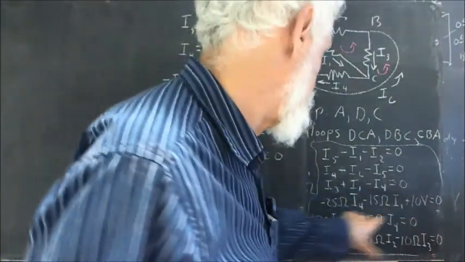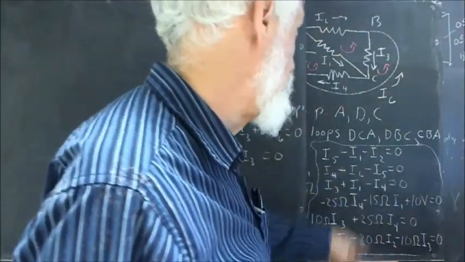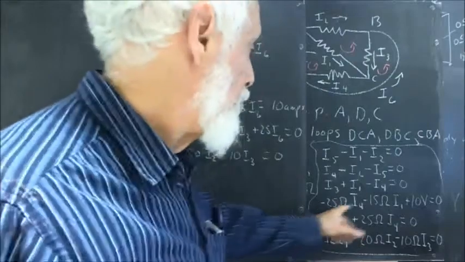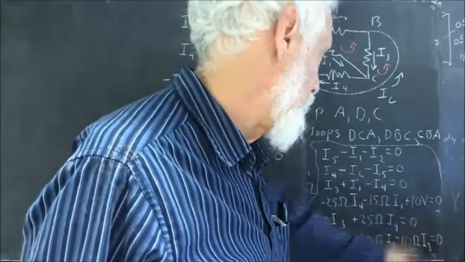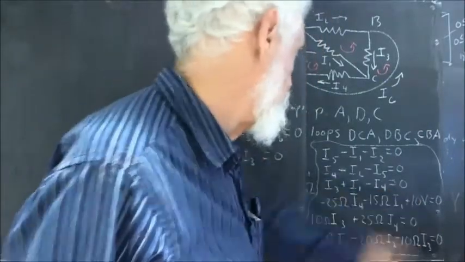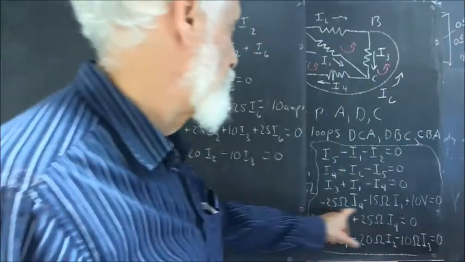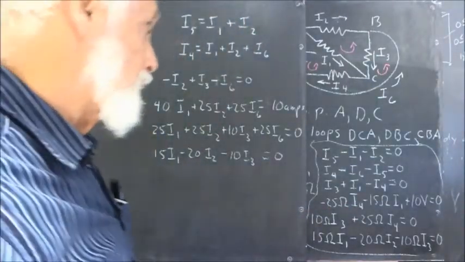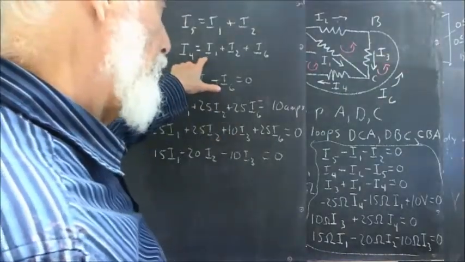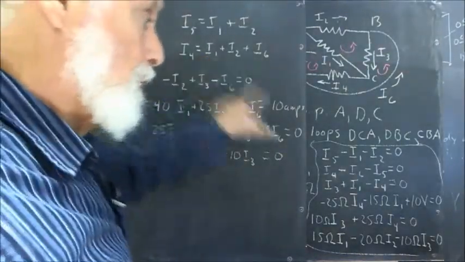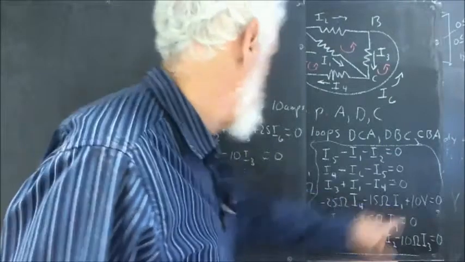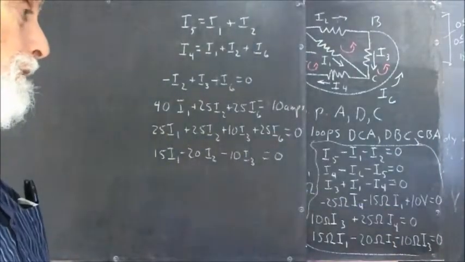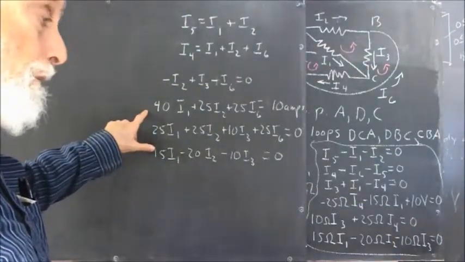This equation has an I4, it's negative 25 I4. If we divide through by the ohms, this becomes an amp, and we just get pure numbers in front of these. We're going to have negative 25 I4. Well, negative 25 I4 is going to give us a negative 25 I1, which combined with a negative 15 I1 gives me a negative 40 I1.